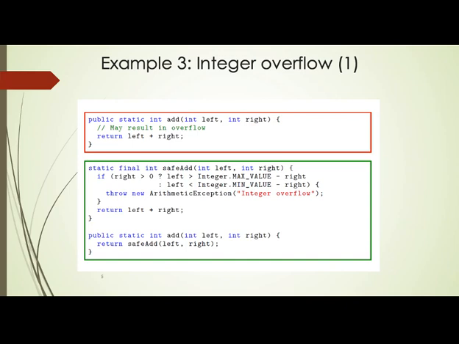What it does is check if the integer overflows by adding the two integers together, and if it does, you specifically tell the addition to throw an arithmetic exception. Otherwise, you add them together. And this is the right thing to do here.